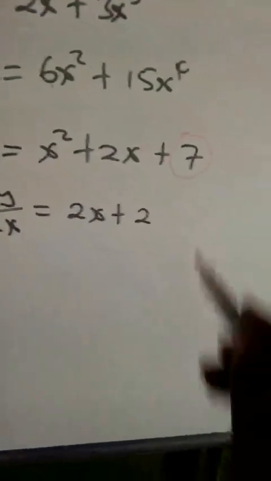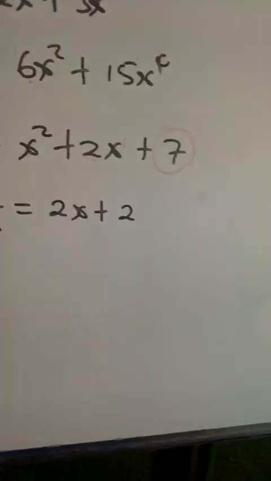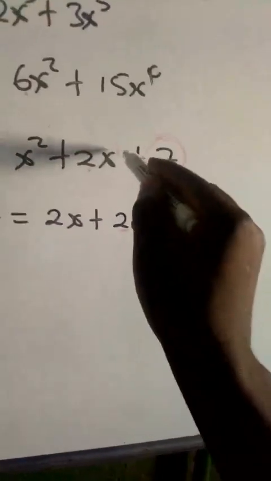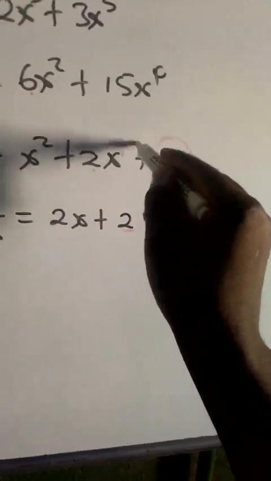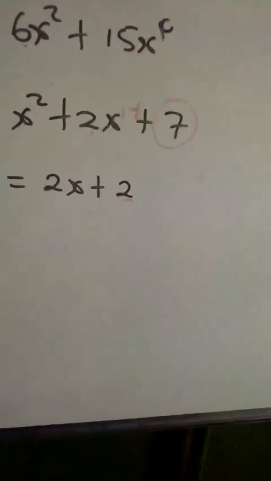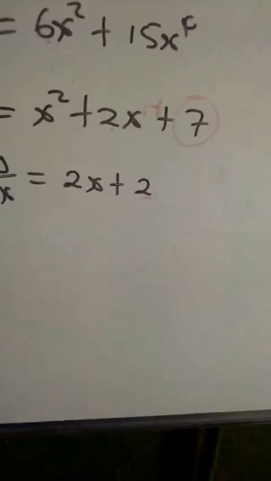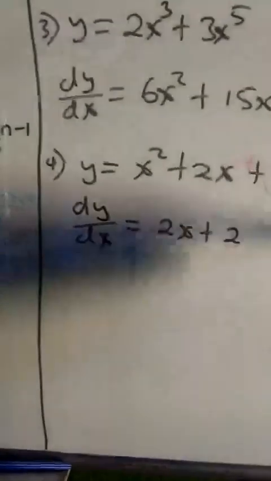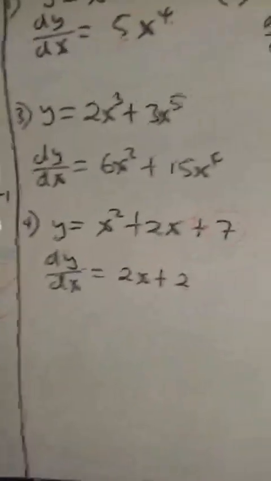This is power 1, and you are dropping the power, and 2 times 1 is 2. Then for x, you are subtracting 1 from the power, then it becomes x to the power 1 minus 1, which is x to the power 0, which is 1. Then if you differentiate a constant, it becomes 0. Then we don't have any other term.